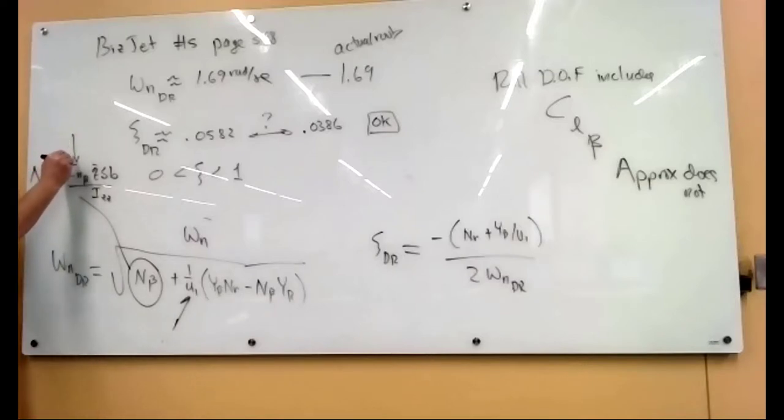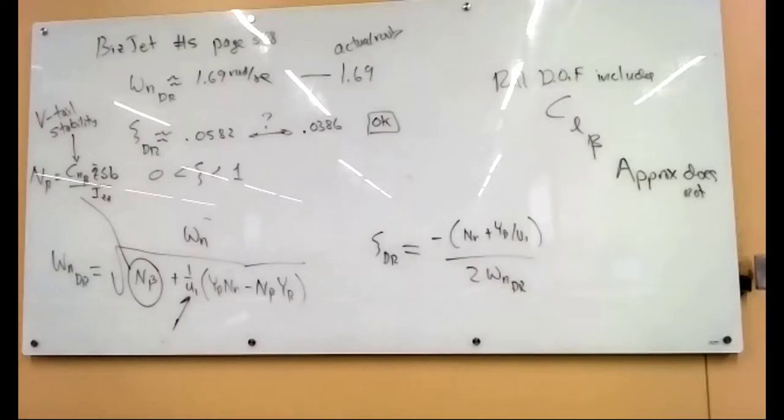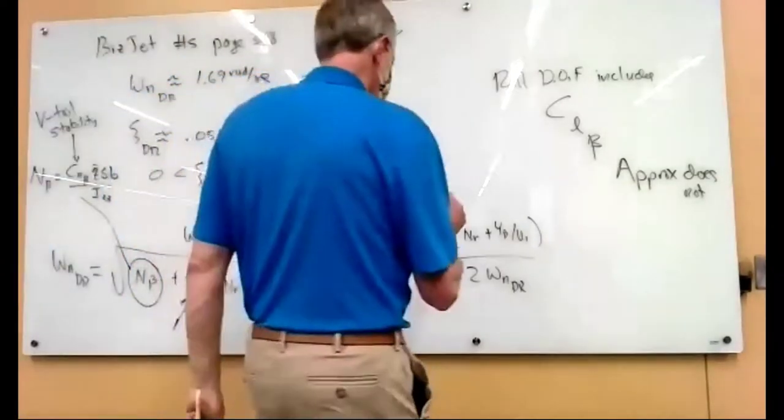And we know that this is an important stability parameter. And in fact, it comes from the vertical tail. So that's why we went through all that stuff in chapter 3, is we wanted to say, oh, well, we can look at this and say N beta is C_N beta. C_N beta is a vertical tail effect. So if it turns out our natural frequency doesn't fit the FAR requirements, then we make the vertical tail bigger or smaller. So this approximation is a real clue as to what you need to fix if you don't get the right numbers.